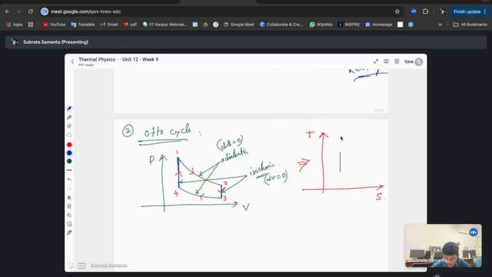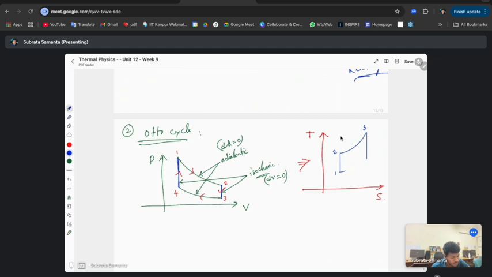Then 3 to 4 is adiabatic, so entropy is constant, and 4 to 1 is again constant volume, which looks like this.